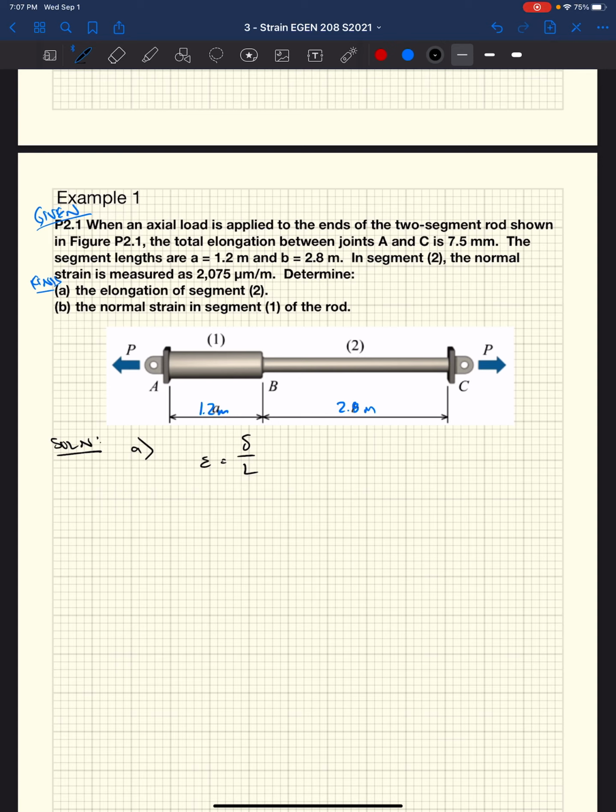Well, the elongation is our delta. So we can rewrite this equation. We can say, okay, delta 2 is what we're looking for. We're going to rearrange this equation for epsilon 2 times the original length of 2. Well, they gave us the normal strain in segment 2 in our problem statement, which was 2,075 micrometers per meter.